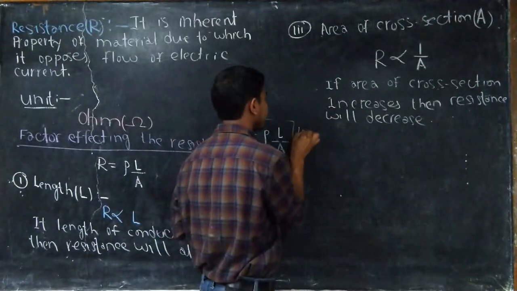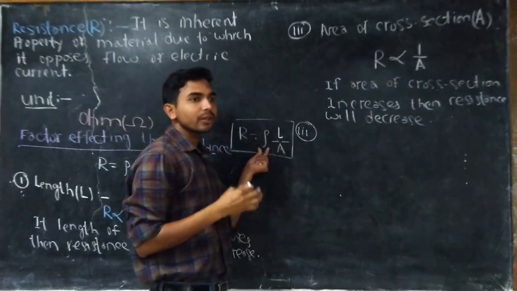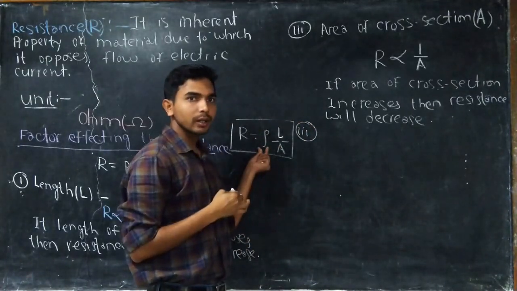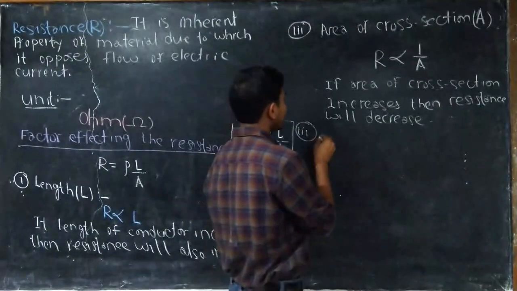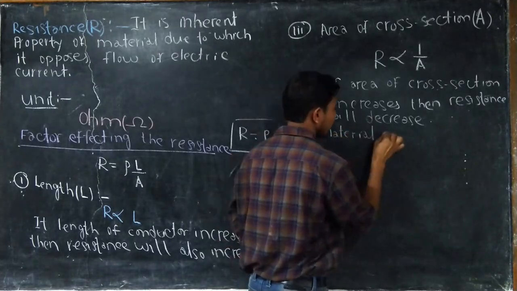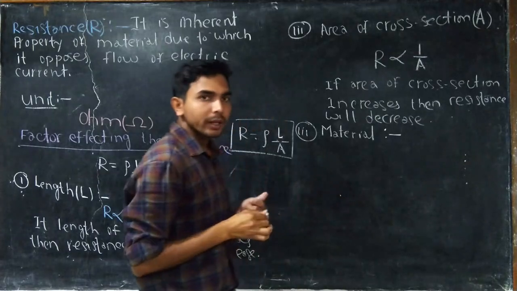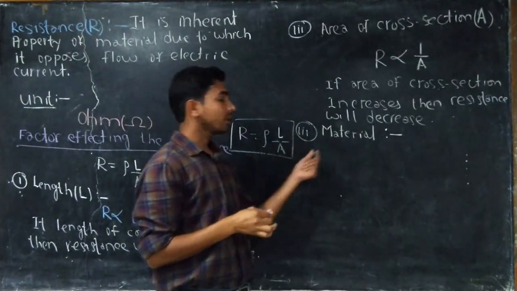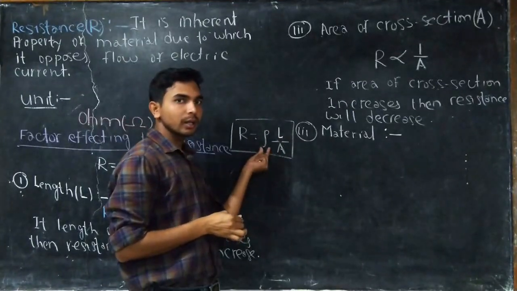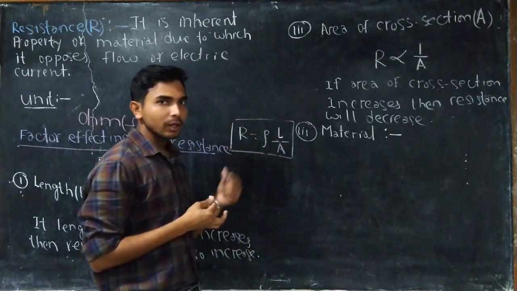And the third point: this rho has a different value for different materials, so resistance also depends on the material. Why? Because different materials have different values of resistivity. If the value of resistivity is different, then resistance will be different.